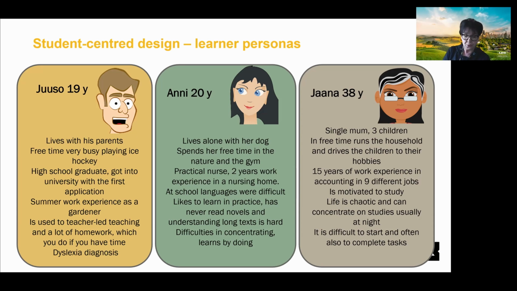If you think about Juuso, for example, he's dyslexic and he might benefit from learning materials produced with different media. So in addition to text material, you may use videos and, for example, podcasts. Also, the outcome, what the student produces of a learning assignment, that could be a video or a podcast or an infograph maybe, instead of a written report.